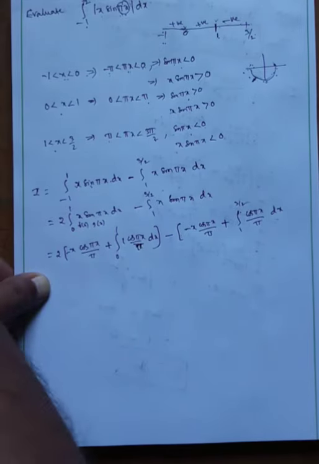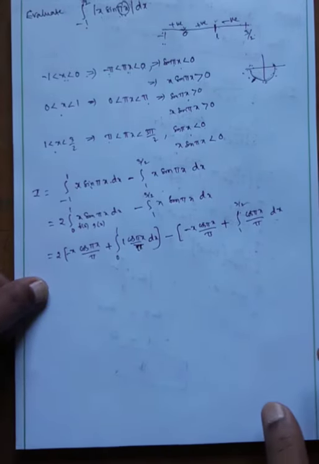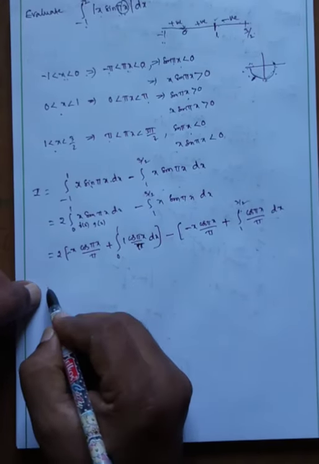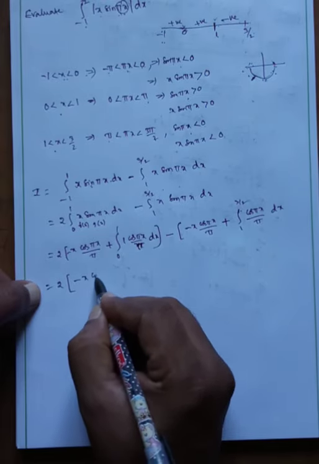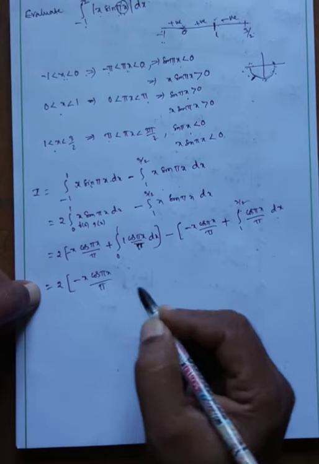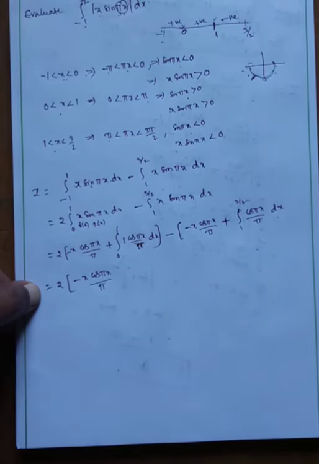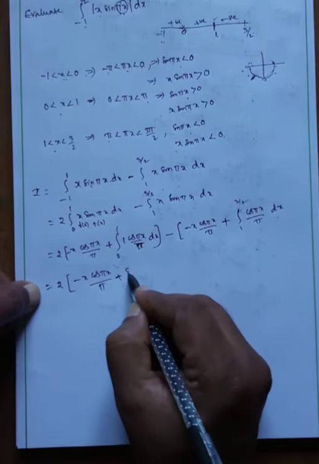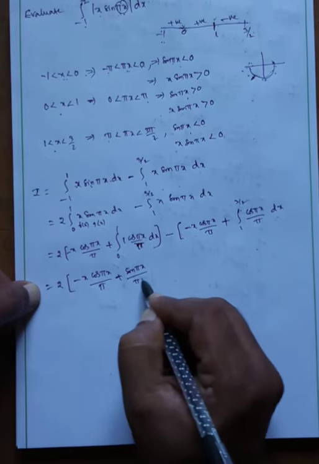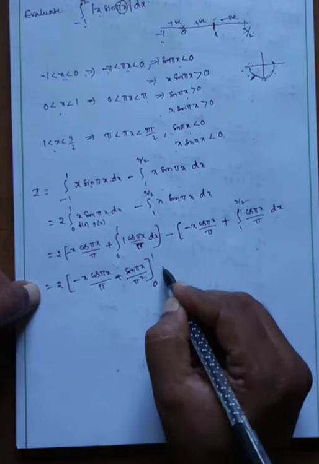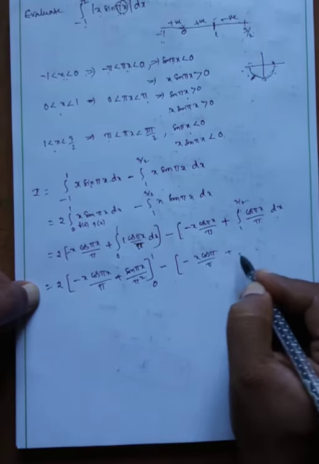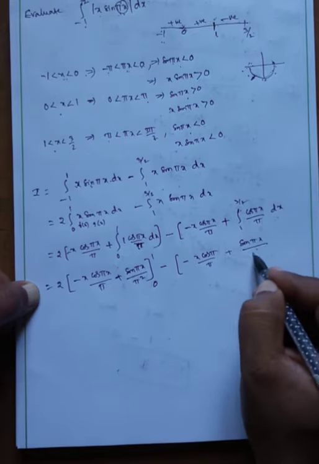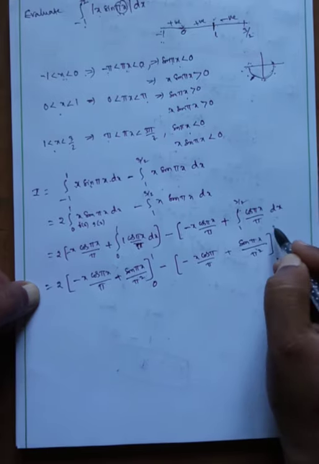Next, 2 into minus x cos pi x by pi, plus 1 by pi into the integral of cos pi x, which is sin pi x by pi, so sin pi x by pi square, with total limits 0 to 1. Then minus of minus x cos pi x by pi plus sin pi x by pi square, with limits 1 to 3 by 2.